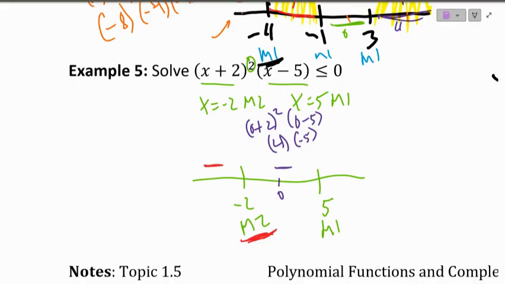So because it's a multiplicity of 2, these two signs are the same. Now, the other side, we got negative for the 0, but then multiplicity of 1. So that means we're crossing the x-axis. So if you were negative, this side would become positive whenever you have that odd multiplicity. Okay, so now our sign chart is complete.